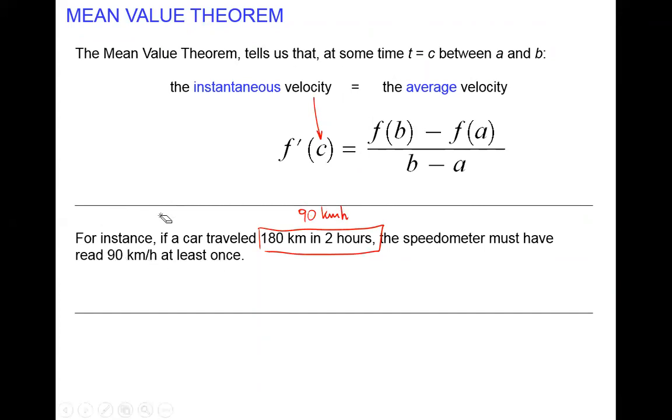The average is not telling me that I was driving constantly at 90. I could drive a little bit faster, a little bit slower, but definitely at some point I was driving 90. That means at that instant, the instantaneous velocity was 90.